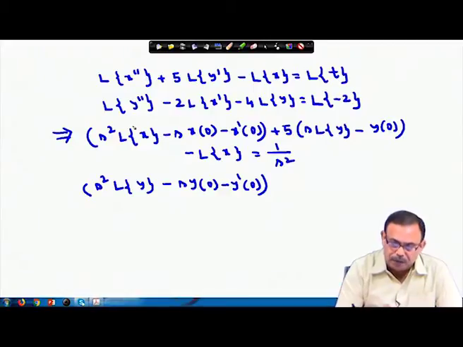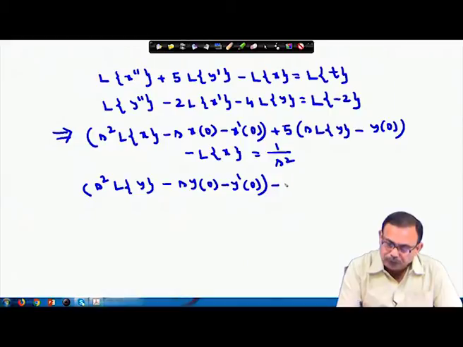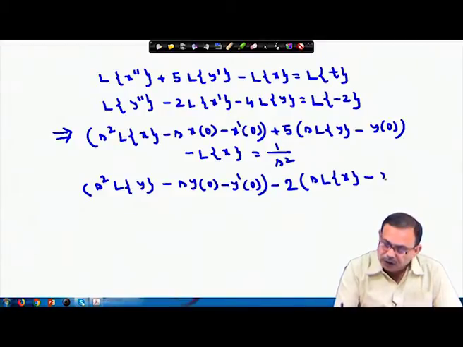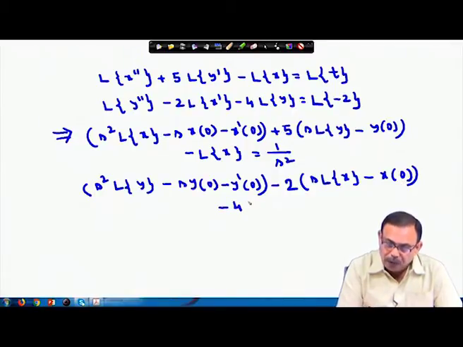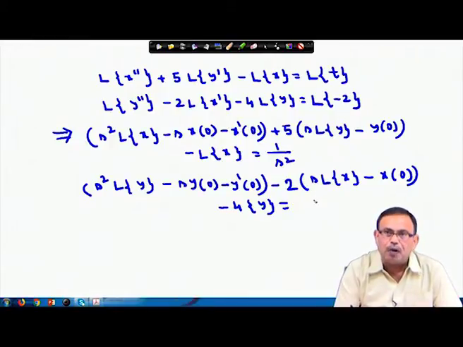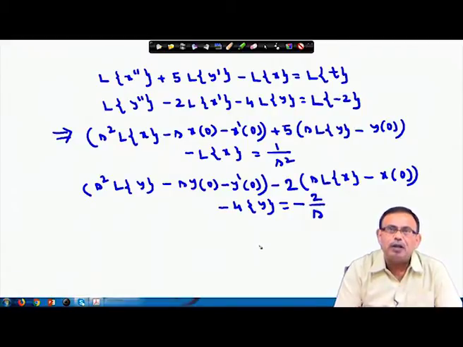This is for the Laplace transform of y double dash, minus 2 into the Laplace transform of x dash, that is s into the Laplace transform of x minus x(0), and I will obtain minus 4 into the Laplace transform of y, and this equals the Laplace transform of minus 2. Laplace transform of 1 is 1 by s, so you will get the value as minus 2 by s.